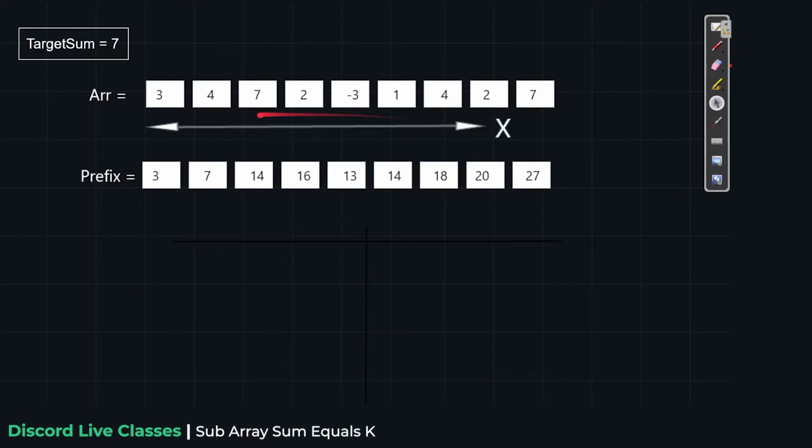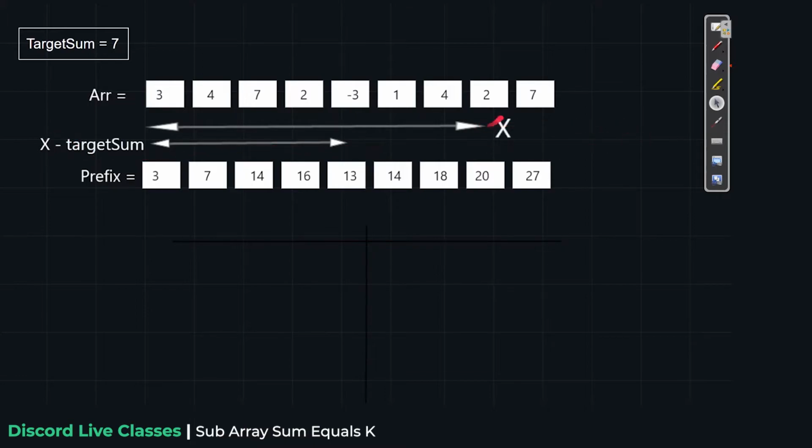So how will I check it? Let's say here to here the sum is x, and let's suppose I calculate x minus target sum. Oh sorry, x is the summation till this index. What I will do is just subtract the target sum from this x, whatever value I get.